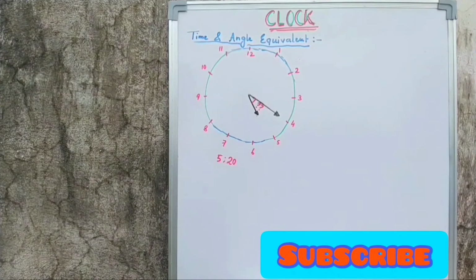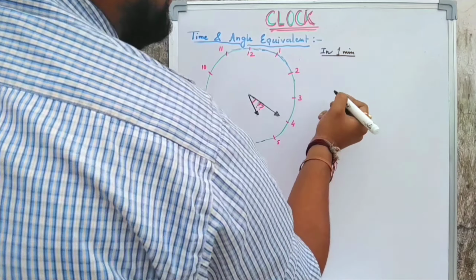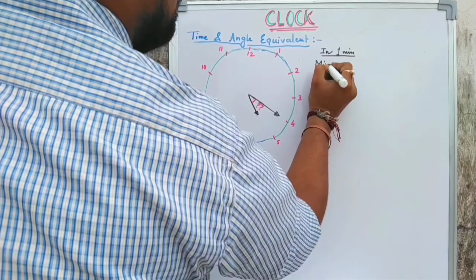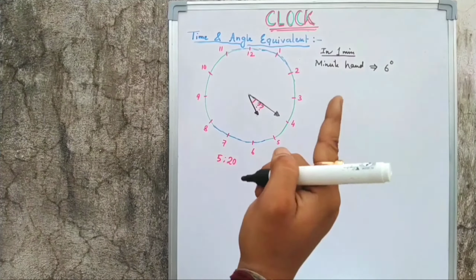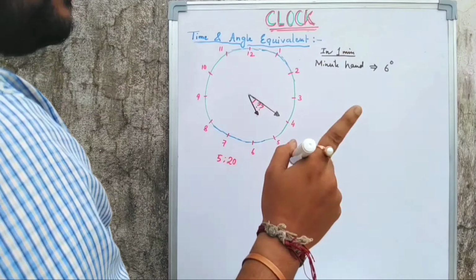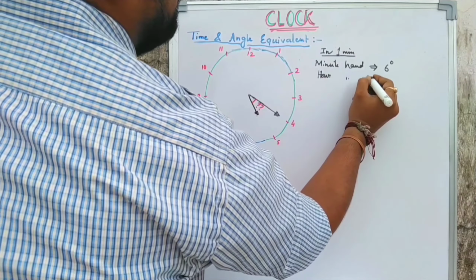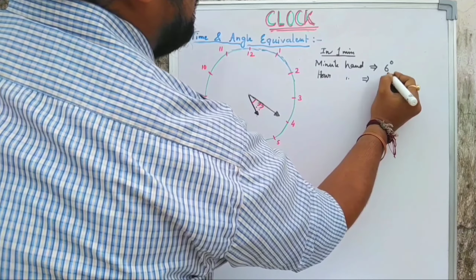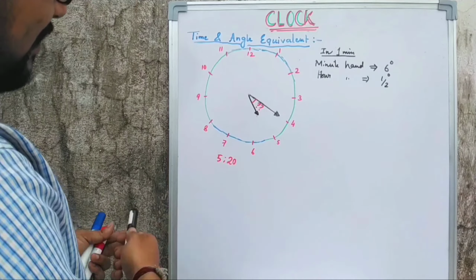So any time will be given to you, and you have to calculate the angle between the two hands. In 1 minute, the minute hand completes 6 degrees. In the first video I explained this already. And the hour hand in 1 minute completes only half a degree. The timing is 5:20.